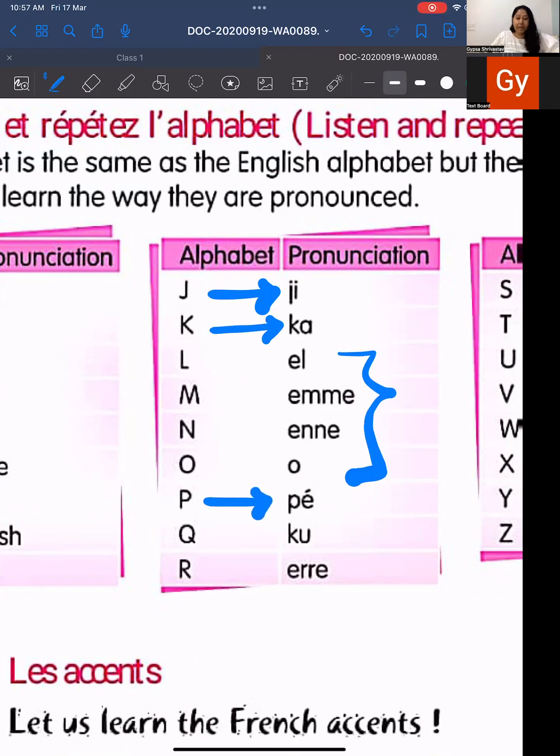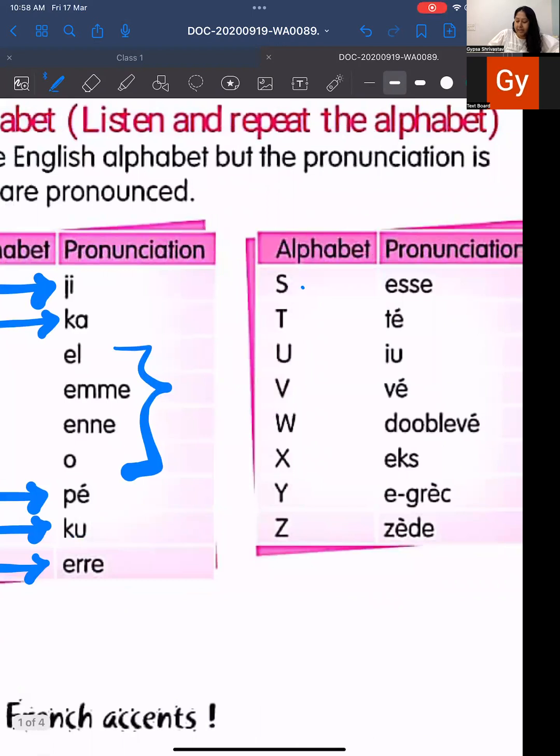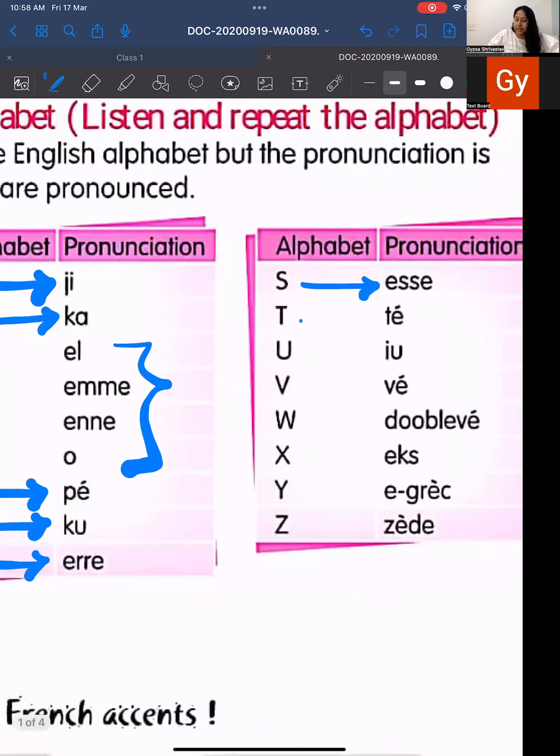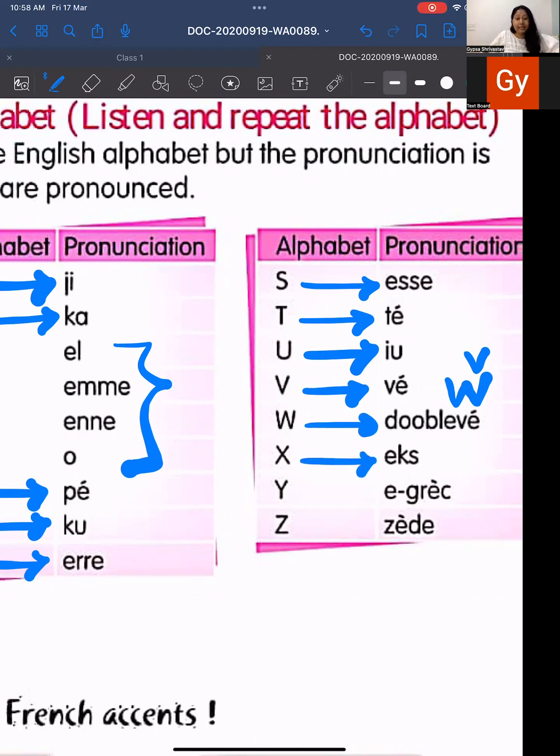P, P. Q, Q. R, S, S. T, T. U, U. V, way. Now notice, if V is pronounced as way, W is nothing but writing V twice. So W is called double V. X, X. Y, Y. Z, Z.